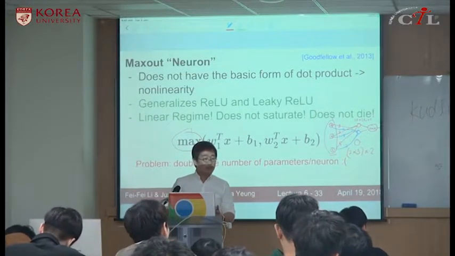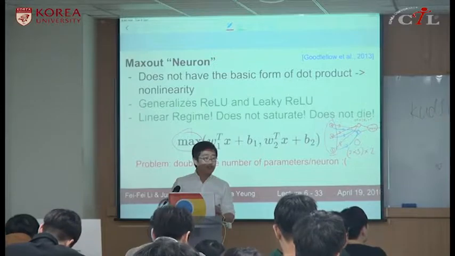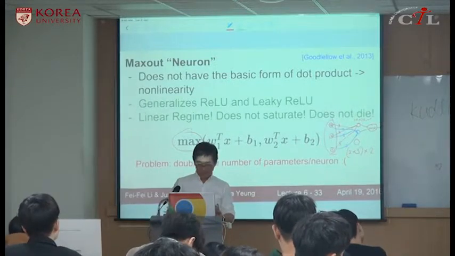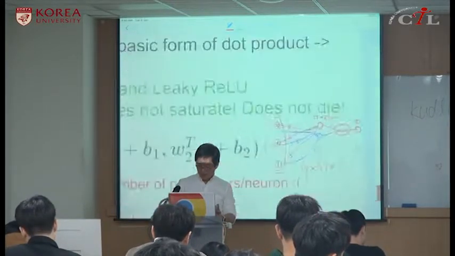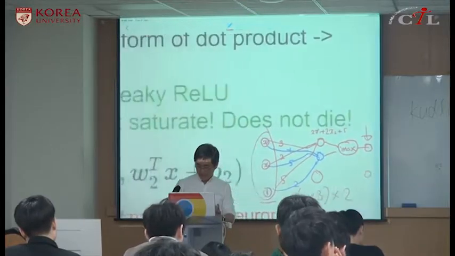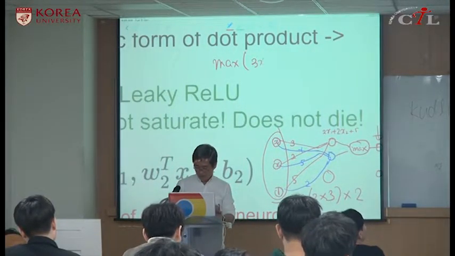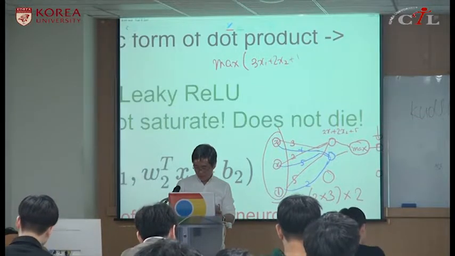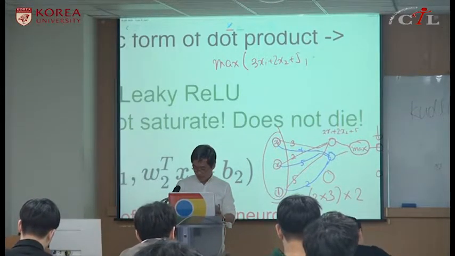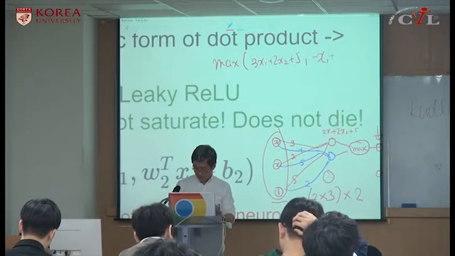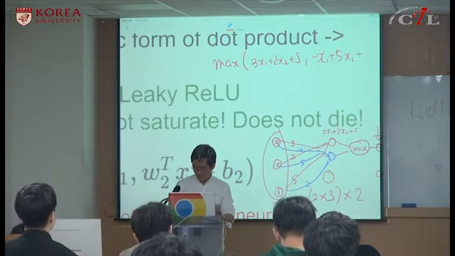So does it make sense? Okay, and also let's think of their geometric meaning. The geometric meaning of this is as follows. Suppose we have max of 3x1 plus 2x2 plus 5 and maybe negative x1 plus 5x2 plus 2.